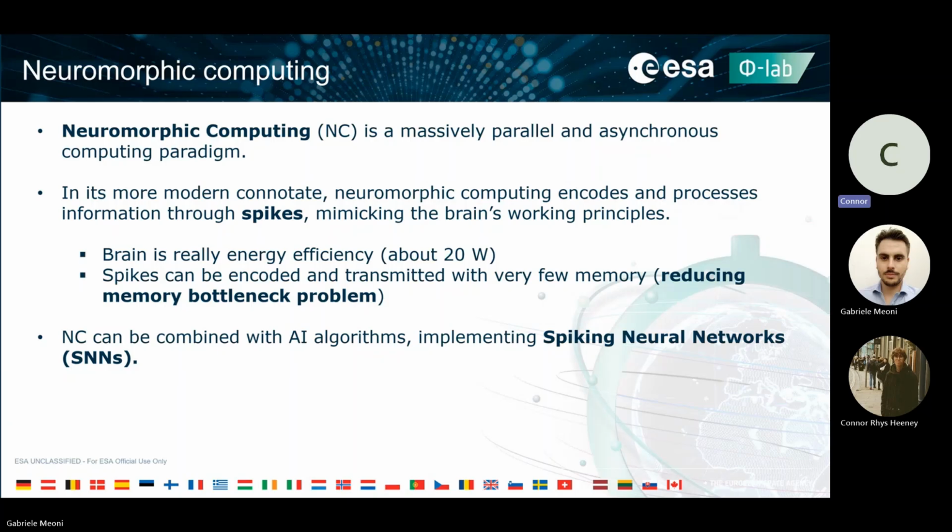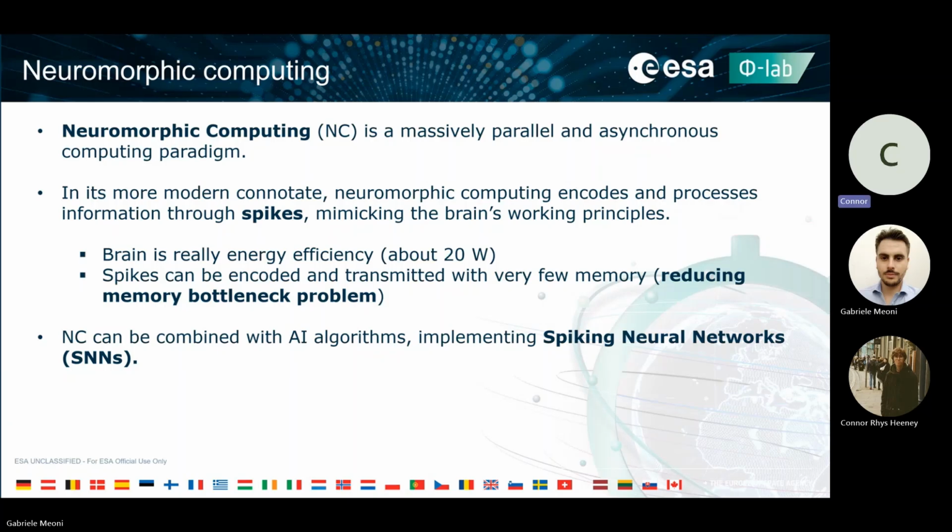So with a more modern connotation, neuromorphic computing is basically a spiking, brain-inspired paradigm. So what's the idea? As you know how a brain works, you know that it doesn't work like a neural network. Your neurons emit spikes. And as you probably know, your brain is very energy efficient.